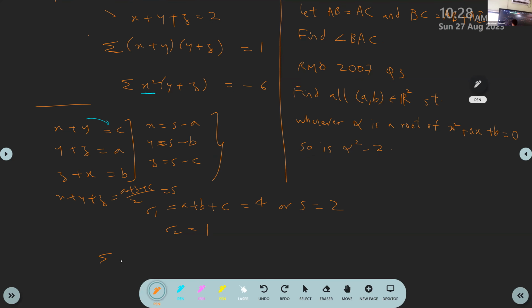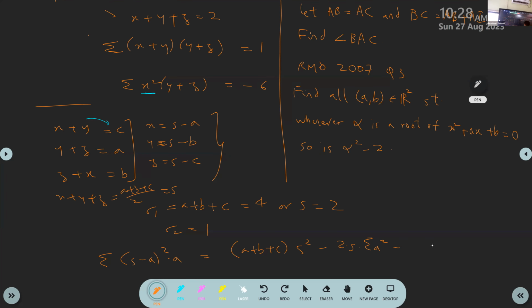So I want to get sigma of (s minus a) square into a. This kind of cyclic sum, if you expand, what you'll see is that a cube will emerge out of that. So I'll get sigma a plus b plus c times s square, then minus 2s sigma a square, and sigma a cube.